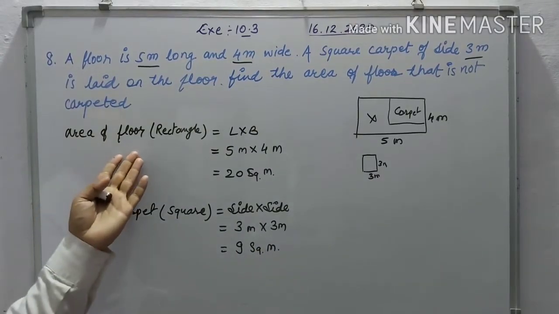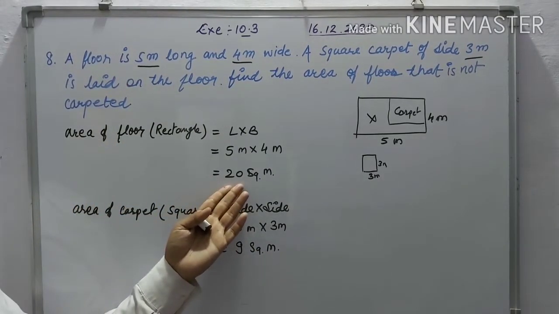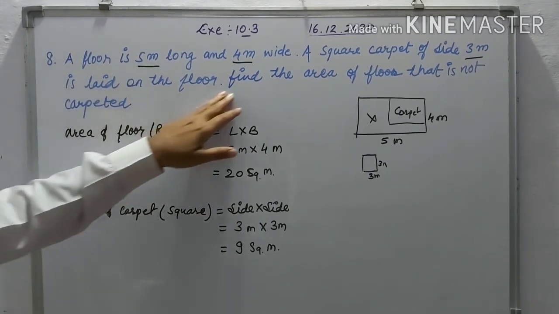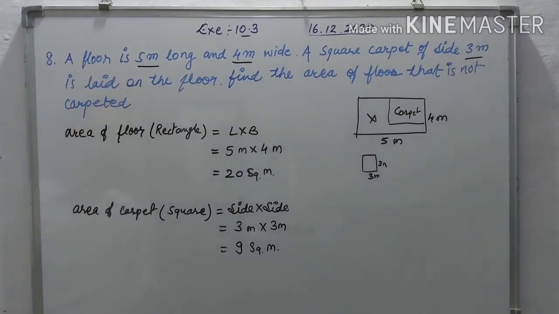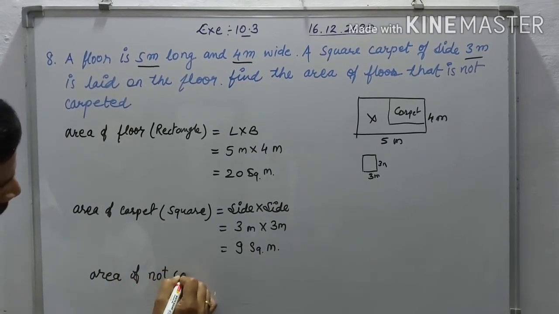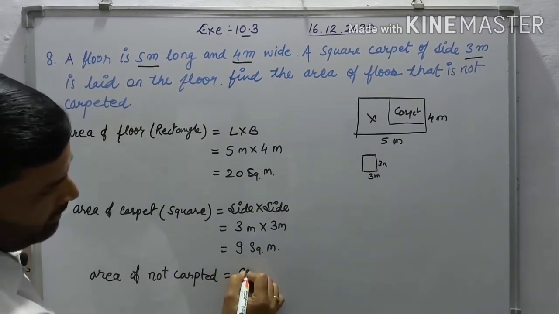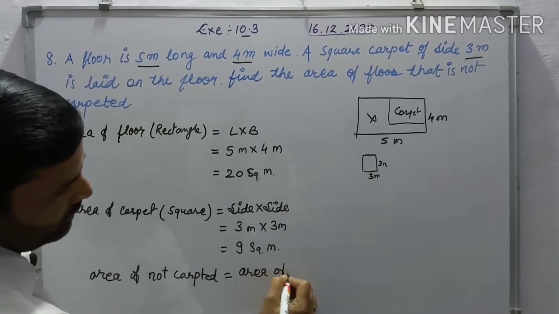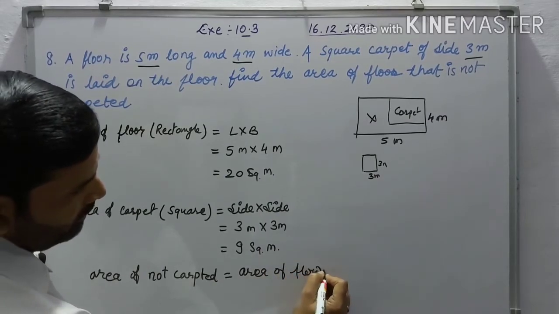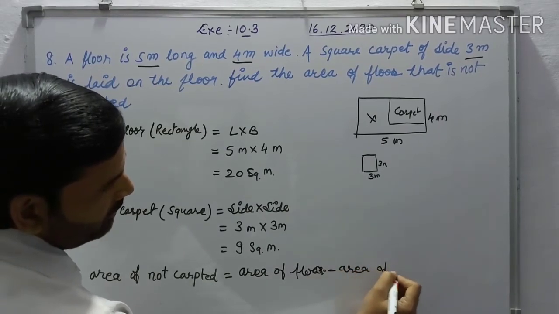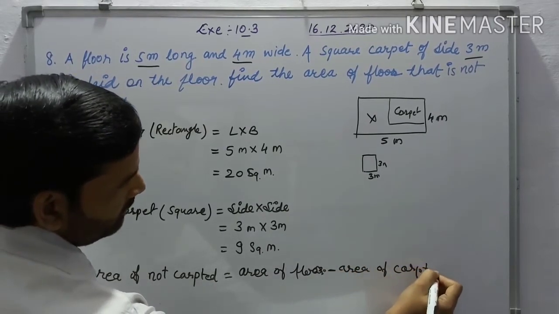Okay, the area of the floor is 20 square meter and the area of the carpet is 9 square meter. After the flooring, the part that is not carpeted, so the area of not carpeted is equal to area of floor minus area of carpet.